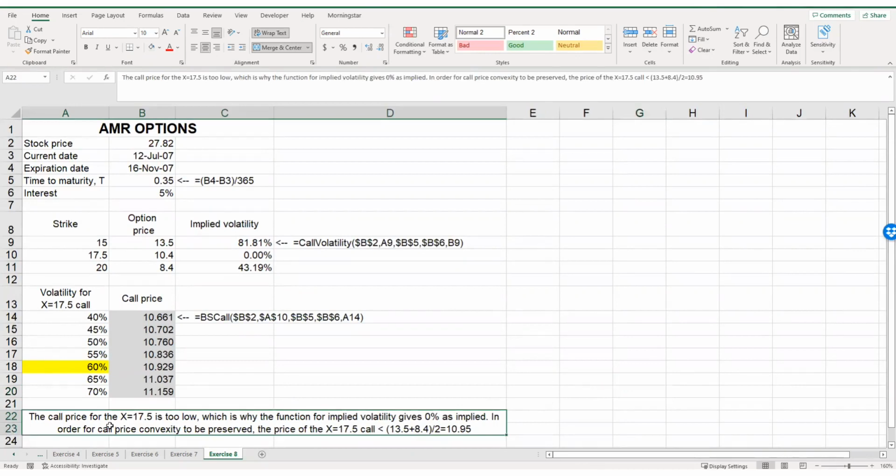Given the proposition for call price convexity, the maximum call price for this 17.5 call cannot go over $10.95.